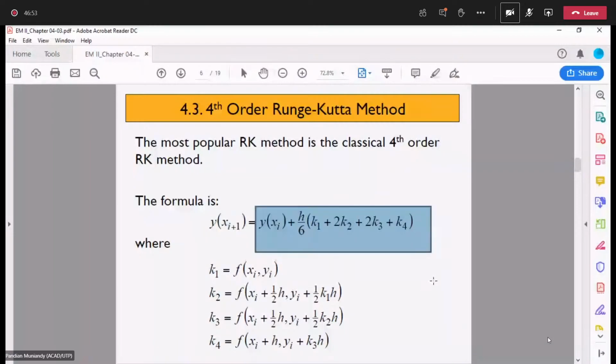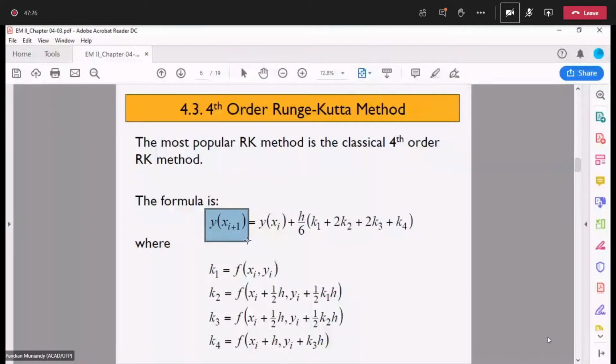So the y at x subscript i plus 1 is the next output. It's just one formula, but the k1, k2, k3, k4 you calculate 4 times. You have to spend some time, but if you are in a hurry, you answer on the calculator and then redo again, because all these are interconnected.